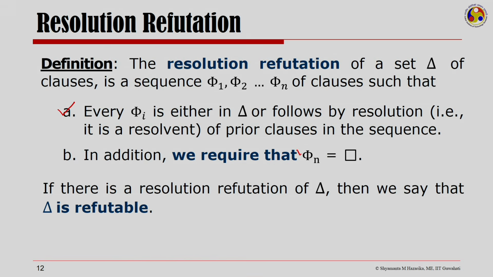And in addition, we require that the final clause in the resolution derivation, phi n, is an empty clause. So, a resolution refutation of a set delta of clauses, to put it simply, is a resolution derivation that leads us to the empty clause.